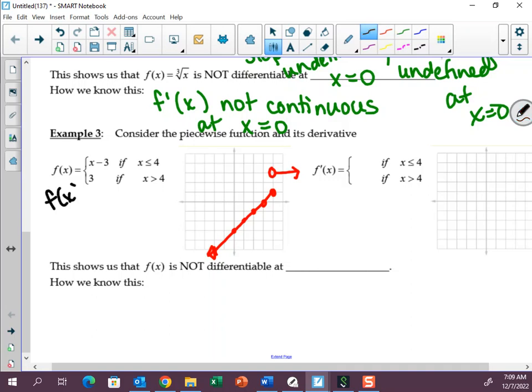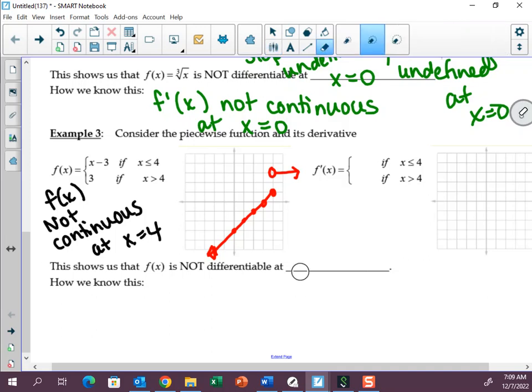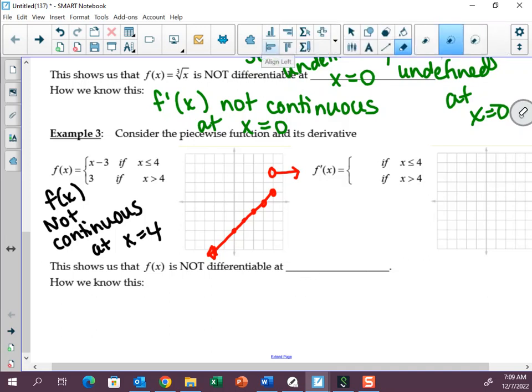So in this case, the original function is not continuous at 4. If we don't have a continuous function at a location, we're automatically going to not get a derivative. f of x is not differentiable at x equals 4.